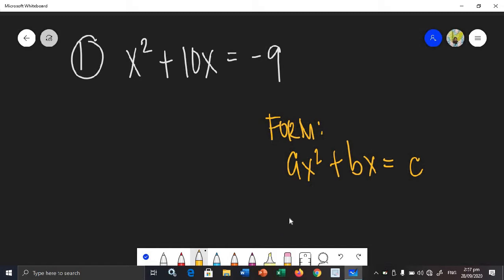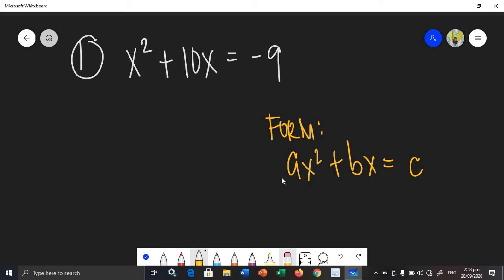Kapag naka-standard form siya, kailangan mo pang mag-transpose. Okay? So, halimbawa, kapag nasa left side si c, kailangan mo pa siyang i-transpose papunta sa right side.